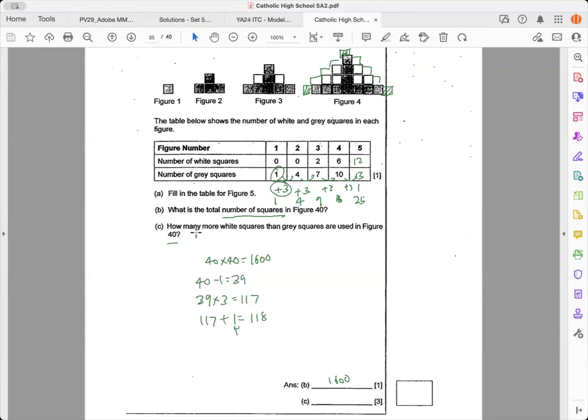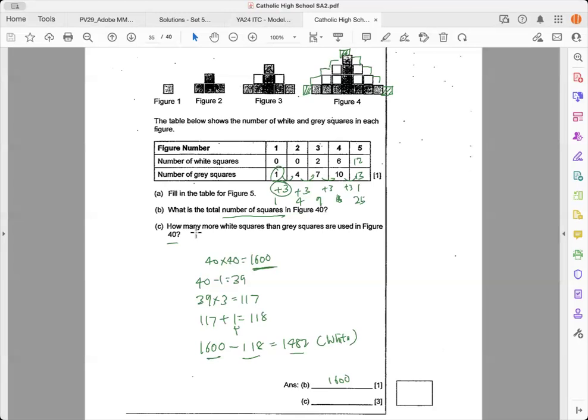Number of white squares in figure 40 will be total number of squares minus the gray squares. You get 1482. So this will be the white squares.